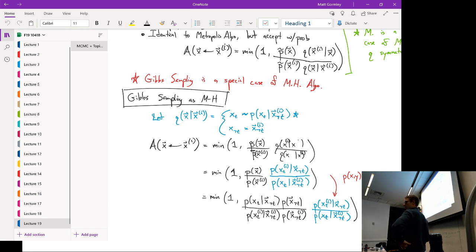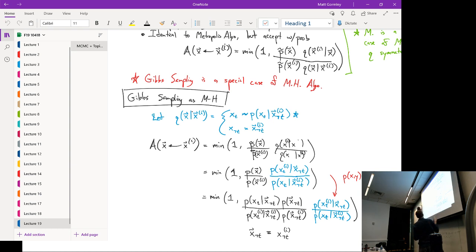How do we simplify this? What's the relationship between the quantity x not t and x not t superscript I? They're exactly the same, right? Because when you propose a new quantity, you're keeping those parts exactly the same. You only changed one variable, xt.